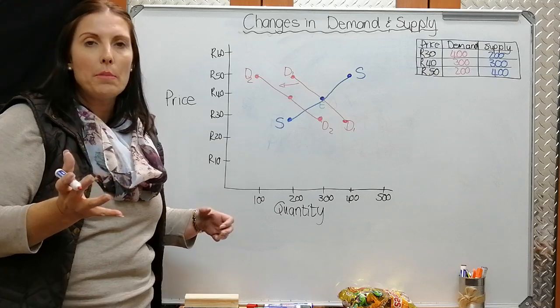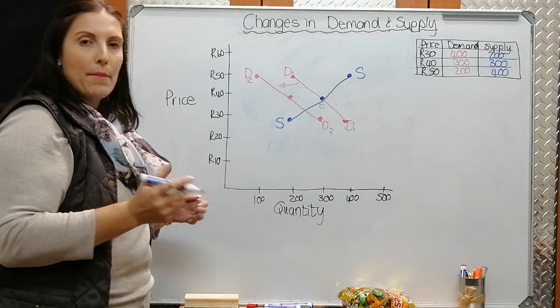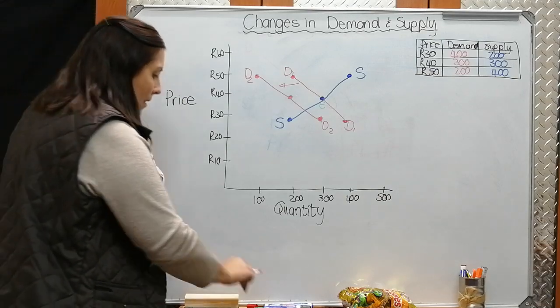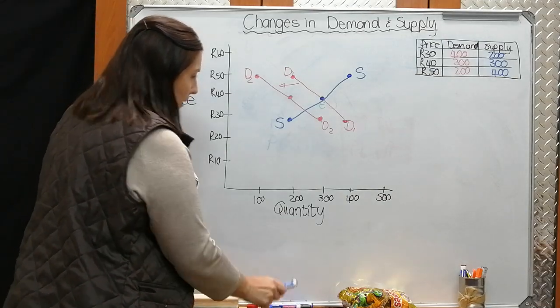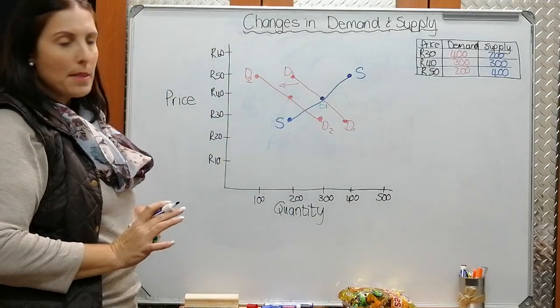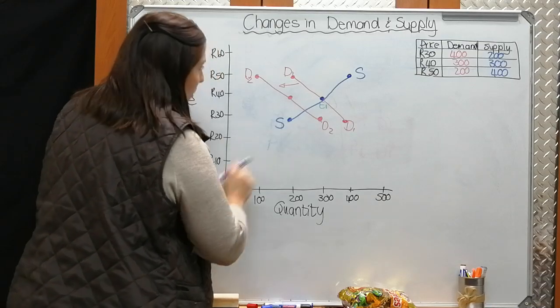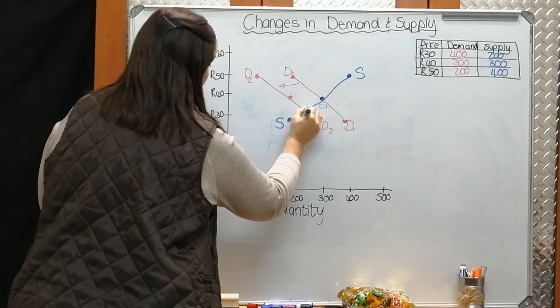Now, what can you tell me about the equilibrium point for the carrot cake? Can you see this was our equilibrium point first, when we had our normal demand and supply schedule. But guys, can you see what happened now? The equilibrium point moved.